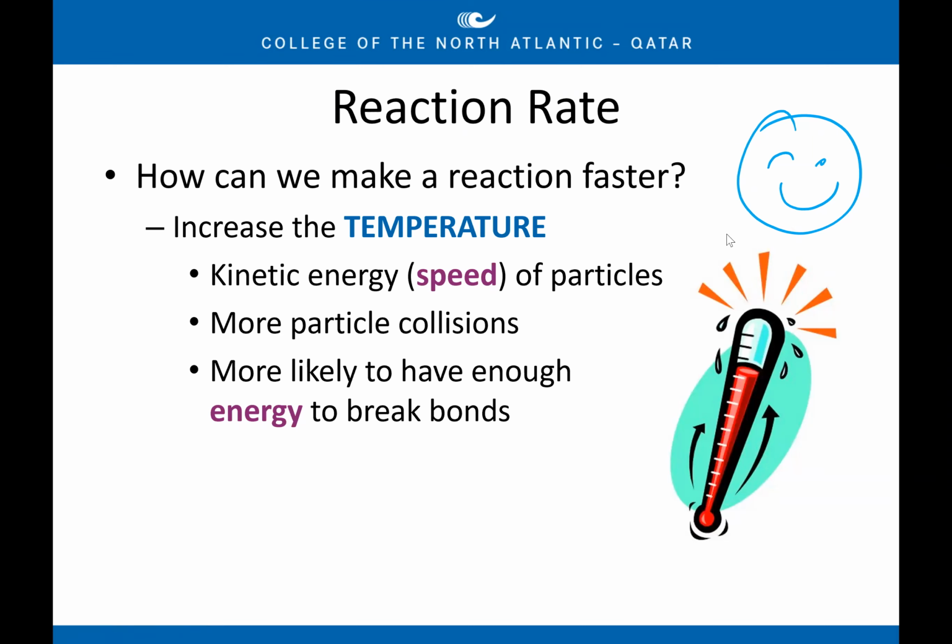So how do we make a reaction faster? Well, when you guys think about reactions, I want you to think about traffic. Think about cars on C Ring or the expressway, or a road in Qatar. A reaction happens when there is a collision, when there's an accident.